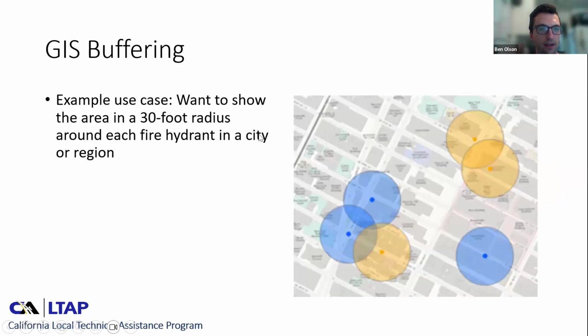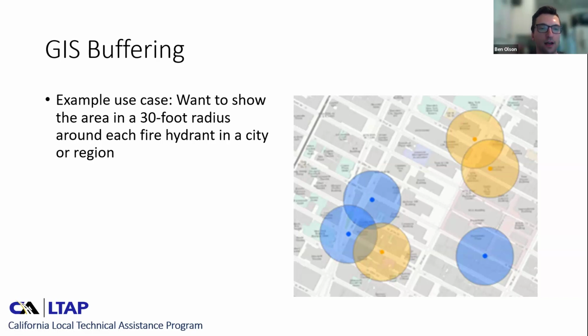So you can think about a use case for this. This is one I just came up with off the top of my head. If you had a point data set of fire hydrants in a city, you might be interested in showing something like a 30-foot or so radius around each of them in case of a blast leak. Then you would be able to see the impact of what would be within the radius of the water being spouted from the fire hydrant in case of a leak.